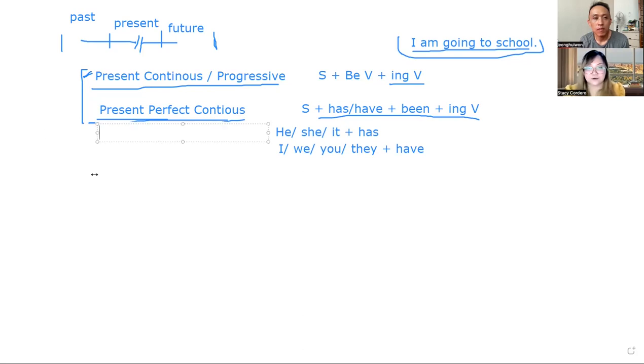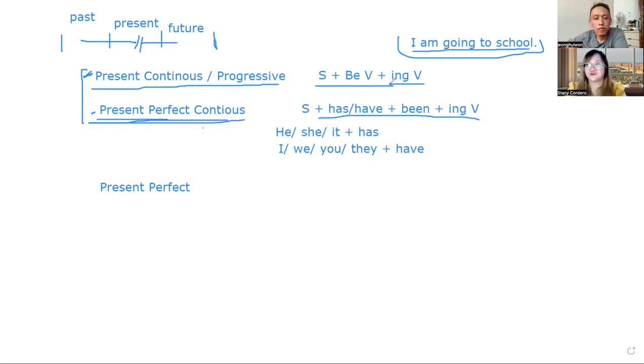Let's talk about present perfect. Again, Mr. Zhang, since I believe you're not going to be teaching anytime soon, we do not really have to memorize the names of present continuous, present perfect, such as those. The only important thing here is you know their patterns and how to use them.